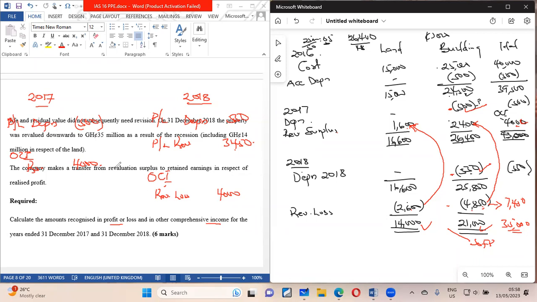So this is the reason why we are doing the transfer from surplus. So excess depreciation. You are taking it out, so 50. Then to retained earnings, you will just draft something and say excess depreciation.